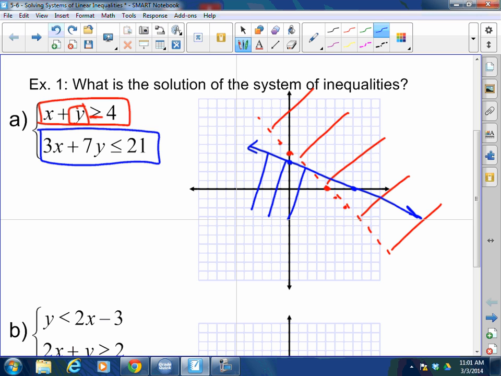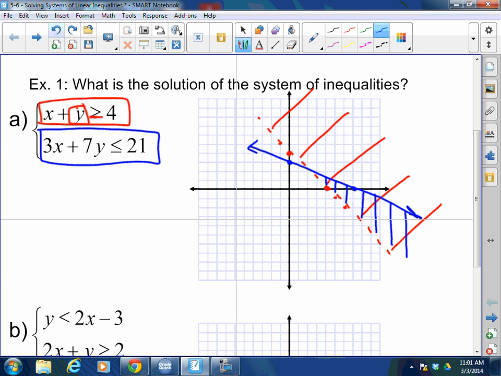Why? Because it's not intersecting with anything, correct? So once you have the first one shaded, look to see where it's going to overlap. Where it's going to overlap is between here, correct? To make your graph easier, you could just shade the area that you know is going to be overlapped.